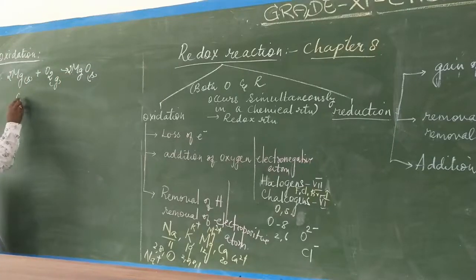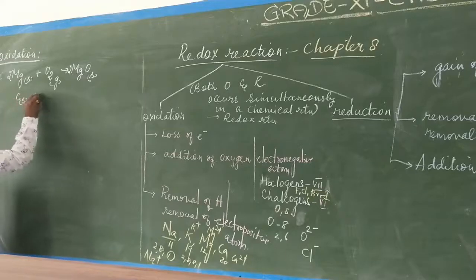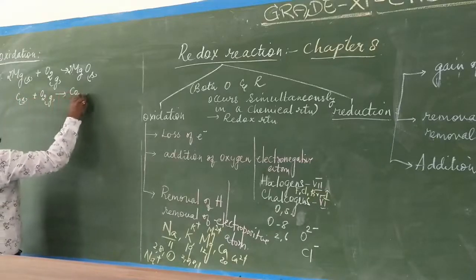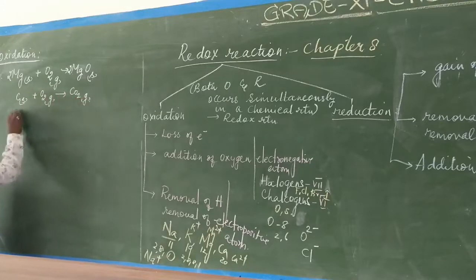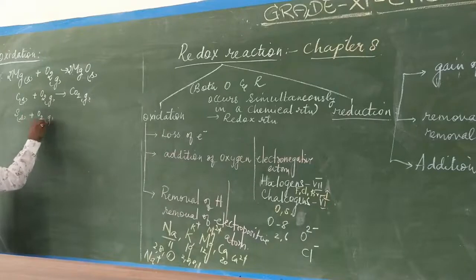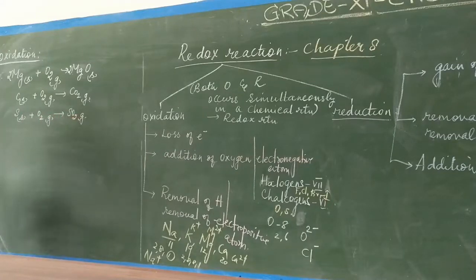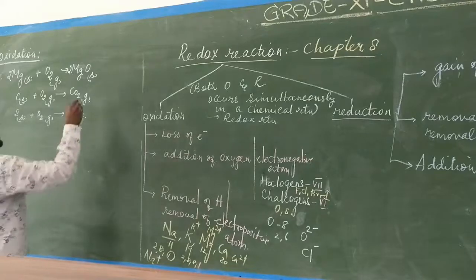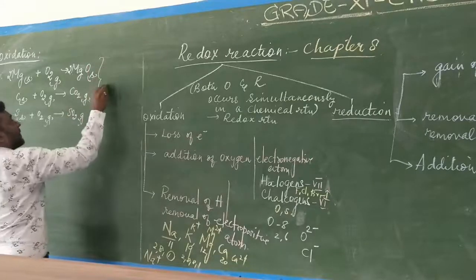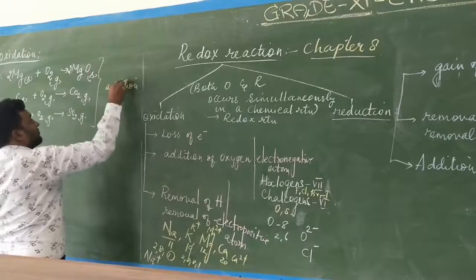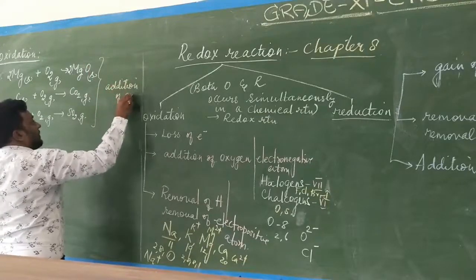And similarly carbon with oxygen, which is a gas, gives carbon dioxide, which is a gas. Then sulfur, which is a solid, with oxygen, which is a gas, forms sulfur dioxide, which is a gas. And these are considered to be what? Addition of oxygen.